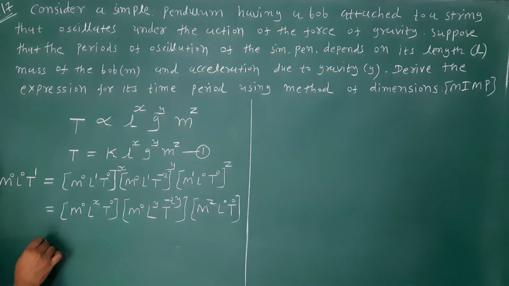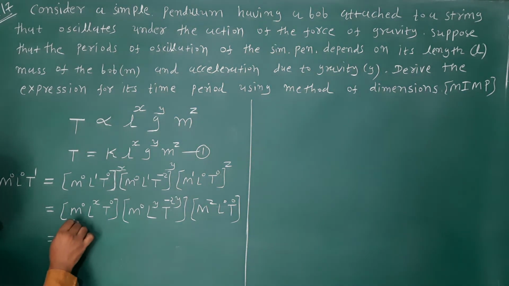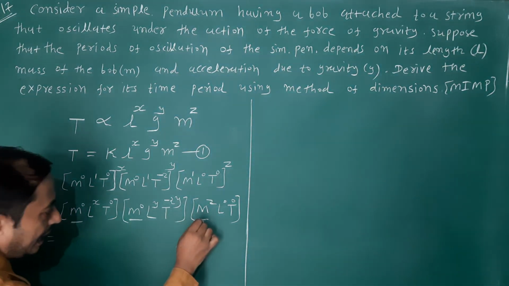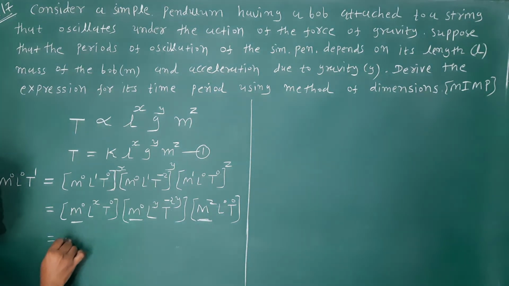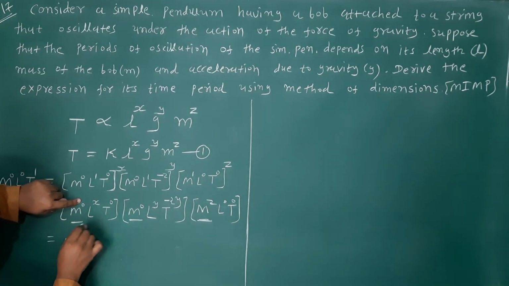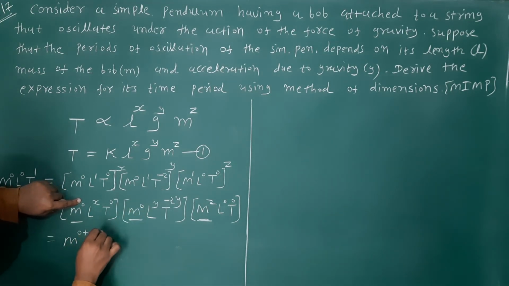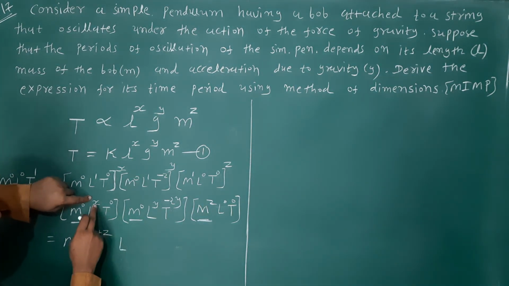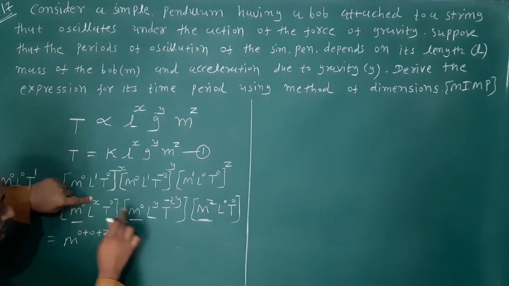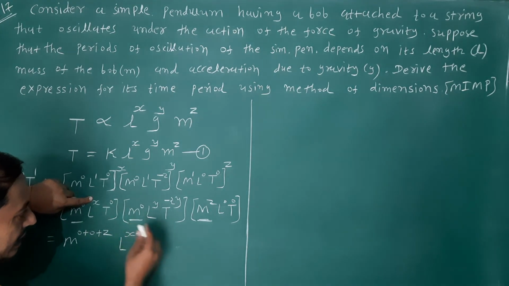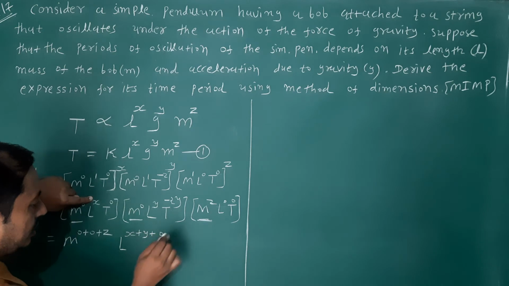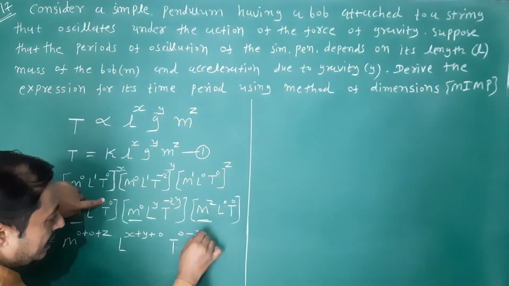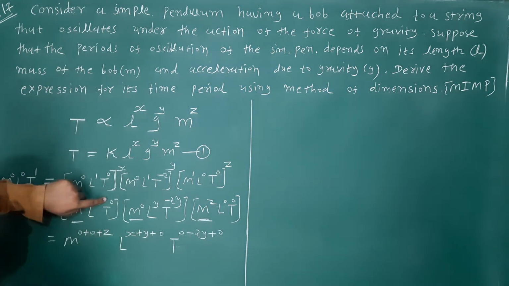Friends, here now we apply one rule. Here the bases are the same, so the powers are added. Means M raised to 0 plus 0 plus z, L raised to x plus y plus 0, same way T raised to 0 minus 2y plus 0.